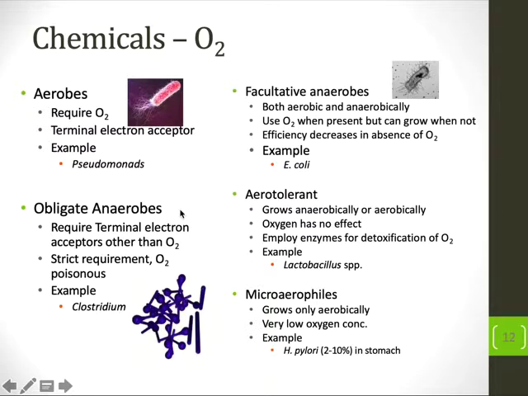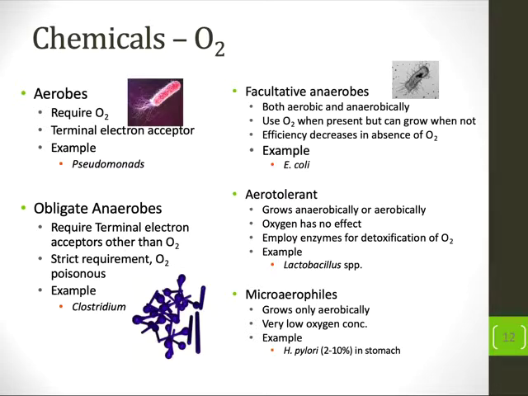And then you have obligate anaerobes. They require a final electron acceptor, but this electron acceptor would not be oxygen. So other than oxygen, an example would be sulfur or hydrogen sulfide, nitrates, and other inorganic compounds like that.